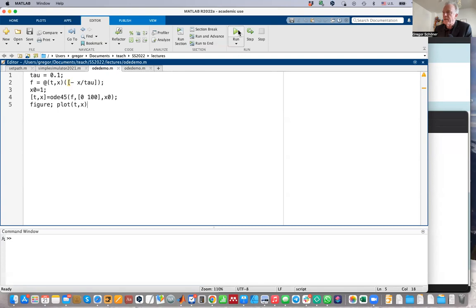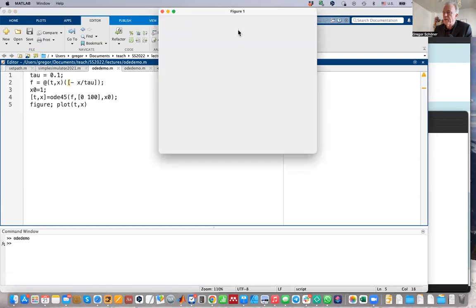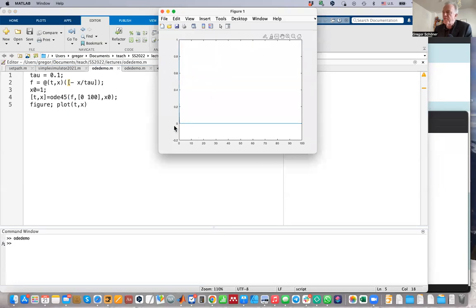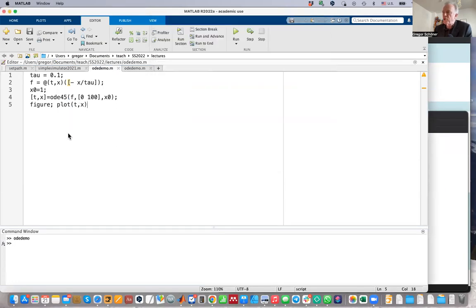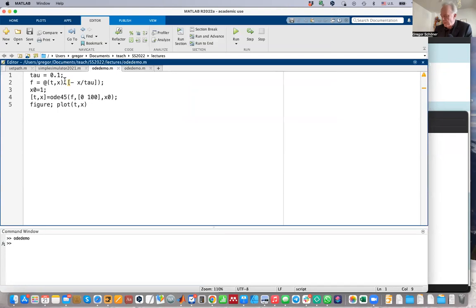Maybe you can dare to let that run. See, it actually works. It's very, very steep here. It works much better.